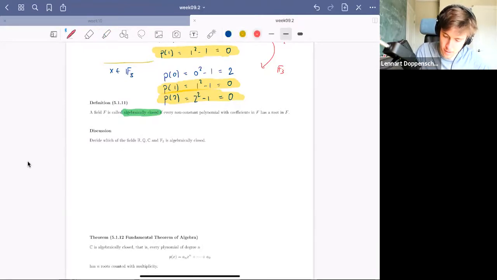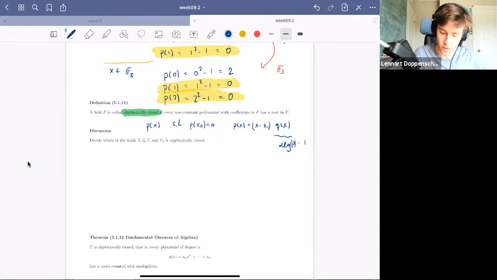So this means, in particular, the book says it somewhat differently, but it boils down to the same thing. Because if you have one root and you factor out the root, so say p of x0 is equal to 0, then p of x can be written as x minus x0 times q of x, and this has degree of p minus 1.